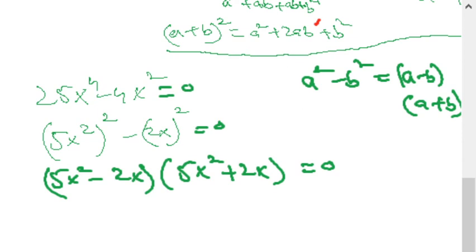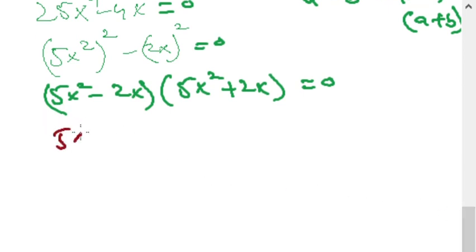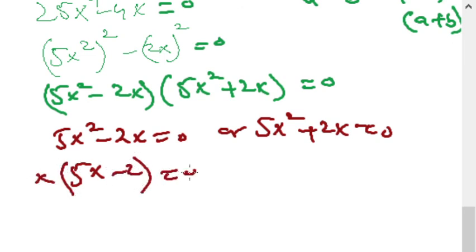So now what I will do, I will solve them. So 5x^2 minus 2x equal to 0, or 5x^2 plus 2x equal to 0. Now x is common here. So x into 5x minus 2 equal to 0.